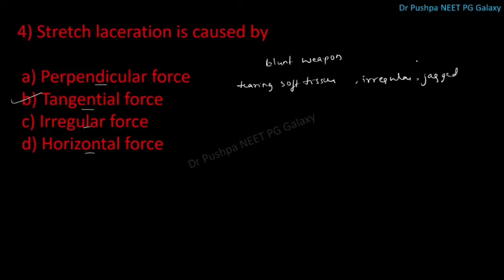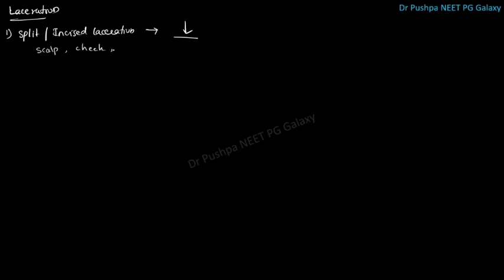So what are the types of laceration? One is split laceration or incised laceration. So in this, the direction of force will be perpendicular to the surface. So it can be seen on scalp, on cheek, on chin or on shin.